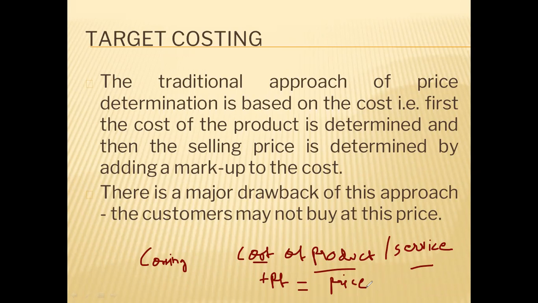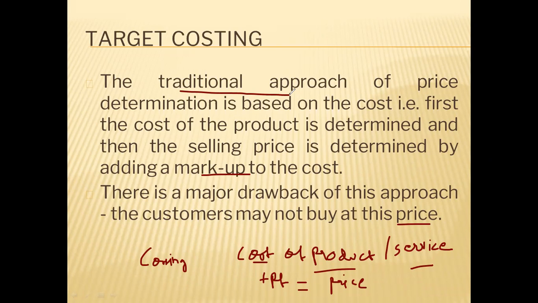Based on that, we determine the cost and add the desired markup, that is profit. Then we get the price of the product. So this is the traditional approach. First, we decide the cost of the product, then we add our desired profit markup, then we get the price.